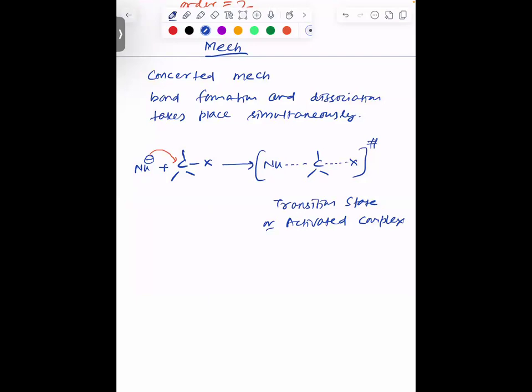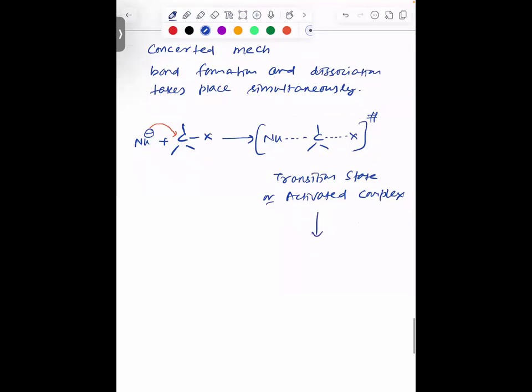Nucleophile and leaving group are both present simultaneously. The bond between the nucleophile and carbon may dissociate, with the bond between leaving group and carbon reforming, or the bond between nucleophile and carbon starts forming while simultaneously the bond between carbon and leaving group starts dissociating. So both take place simultaneously. If these happen simultaneously, we name it a concerted mechanism. Next, the bond between the nucleophile and carbon is formed and the leaving group is released.